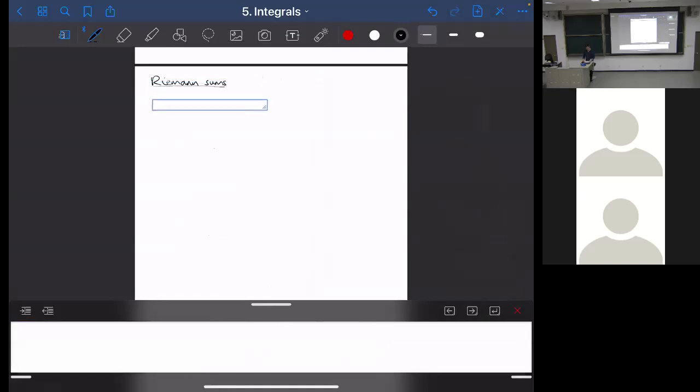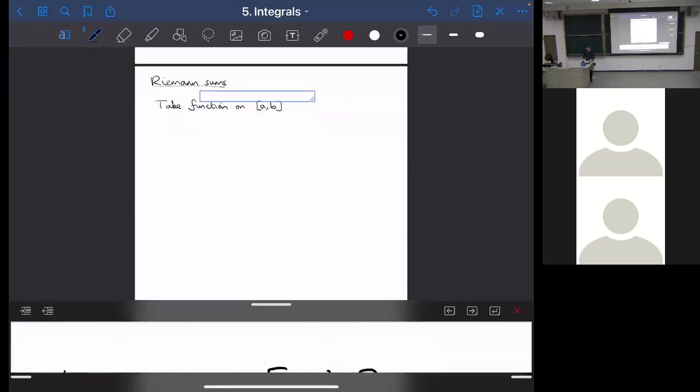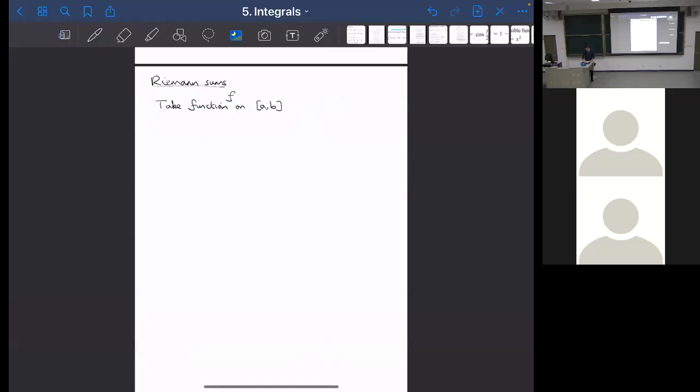So we start with a function f on a closed interval [a, b]. And basically we want to calculate the area under its graph. But it's a bit more complicated than that.